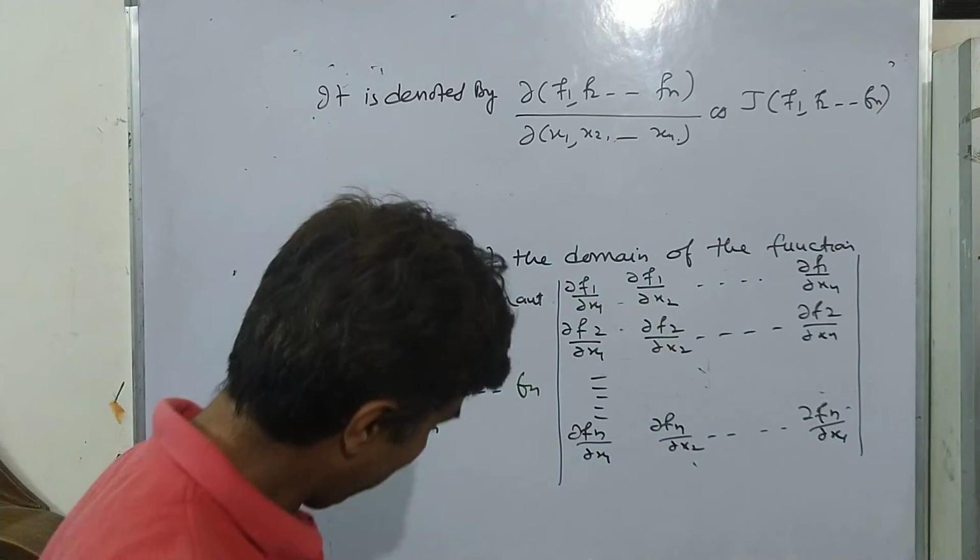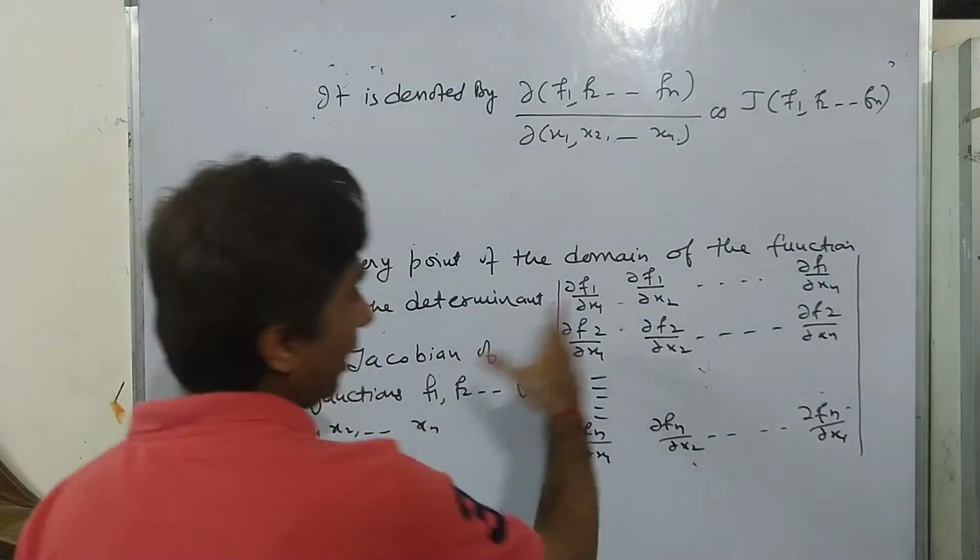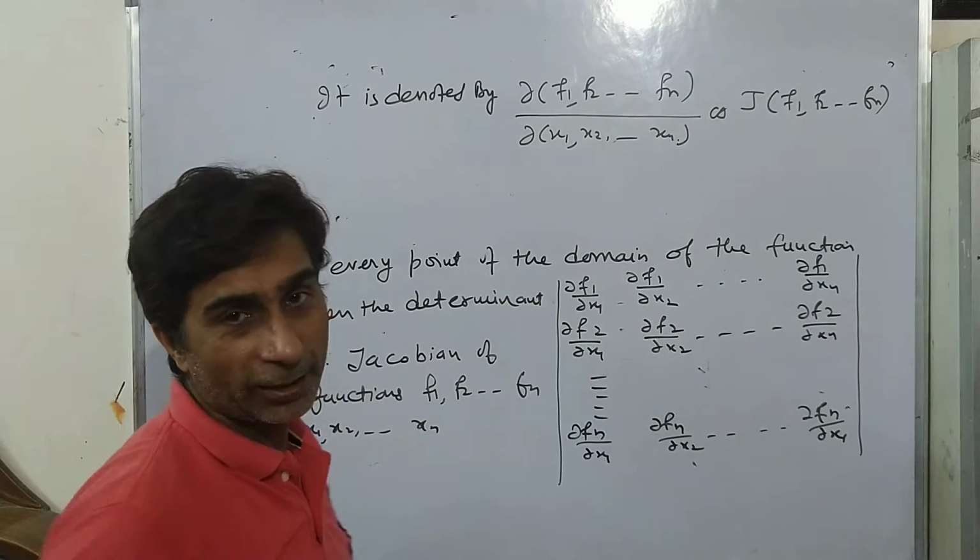These are notations for the Jacobian, for functions of n variables.